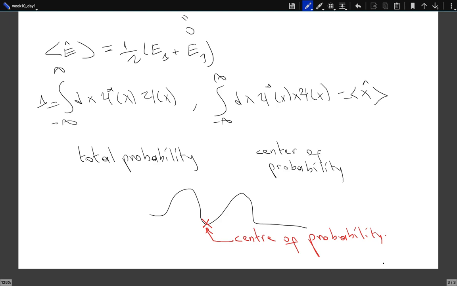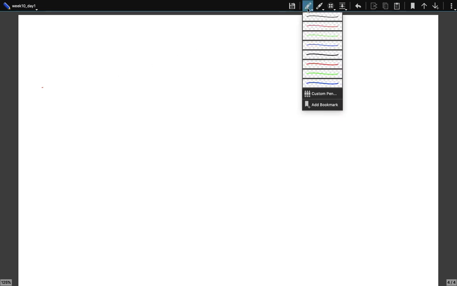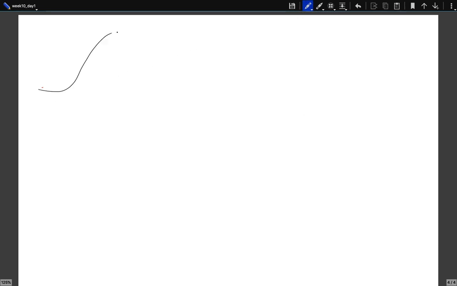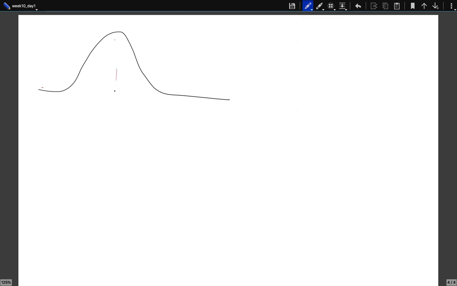You see, that was a case where we have such a wave function. If the wave function is like this, then the center of probability is over here.